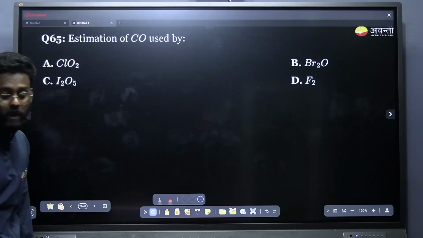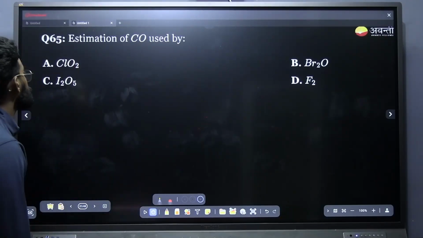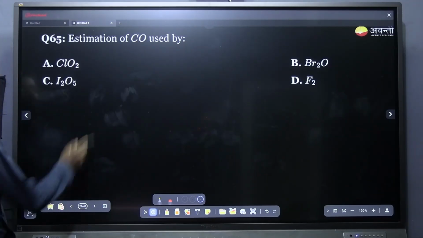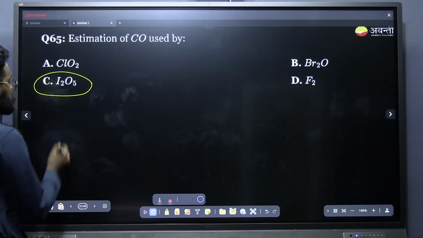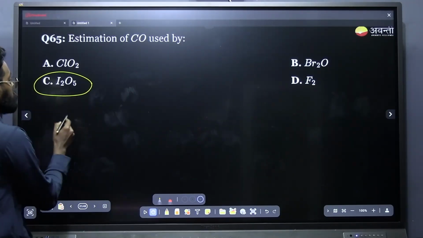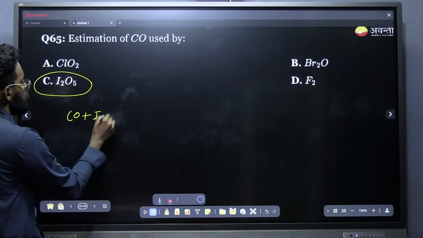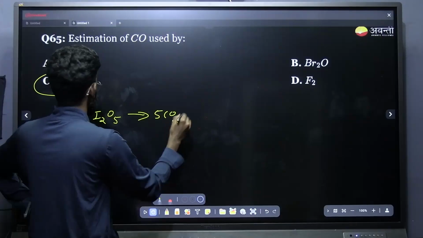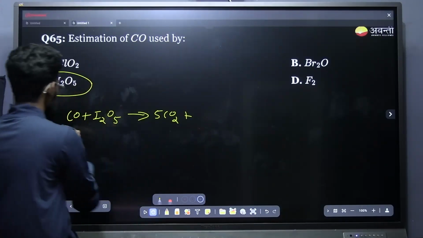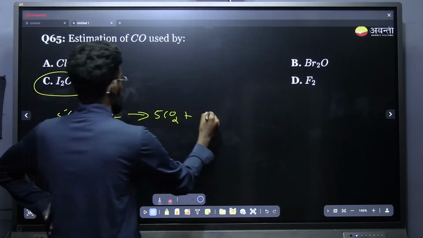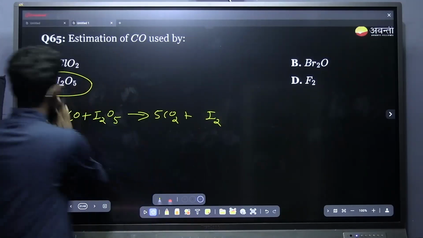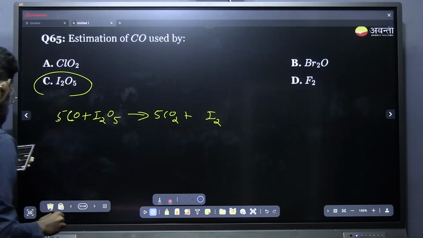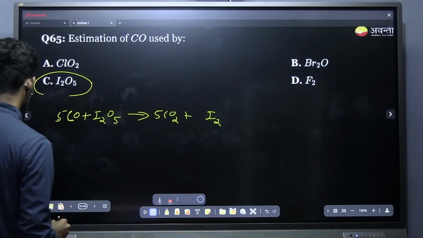Estimation of CO. How can we use the following options for the estimation of CO? It is very clear that I2O5 is the oxidizing agent. It will convert carbon monoxide: 5CO plus I2O5 gives 5CO2 plus I2.